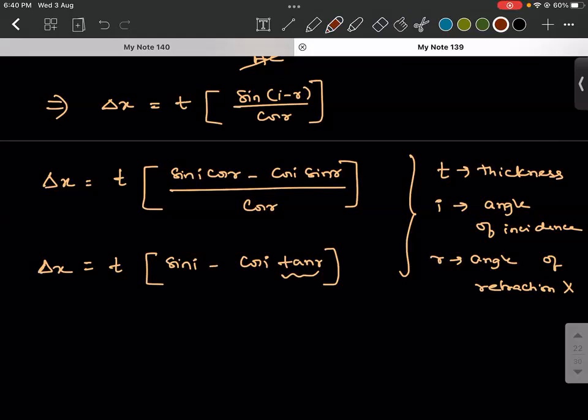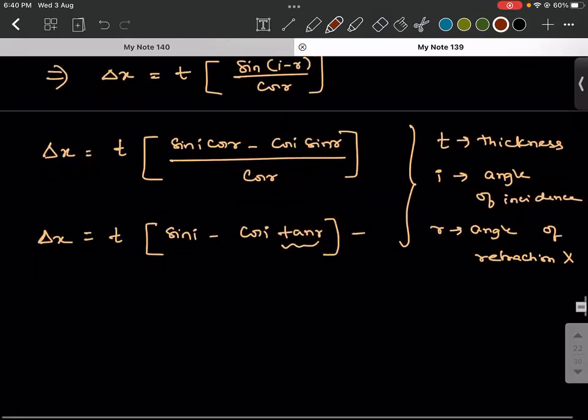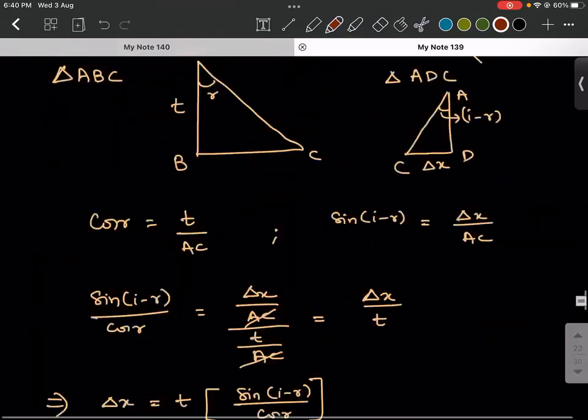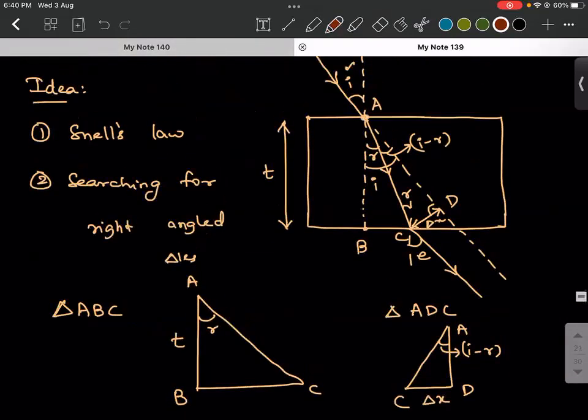For that, first let me take this equation as 1. Then I will apply Snell's law at point A. When I apply Snell's law at point A, this medium is of refractive index mu1, here it is mu2.